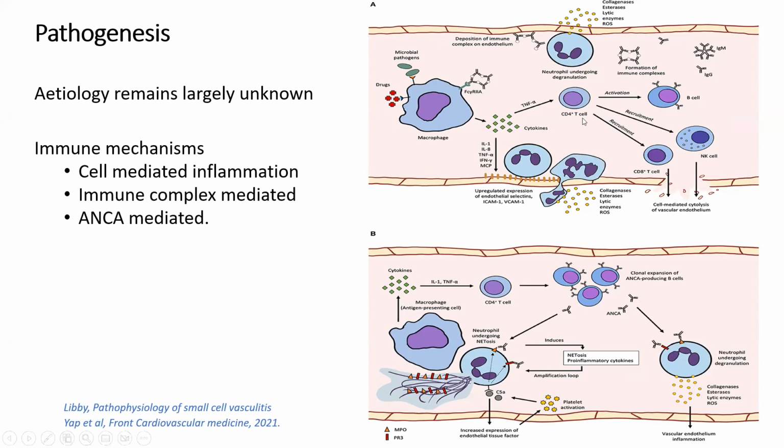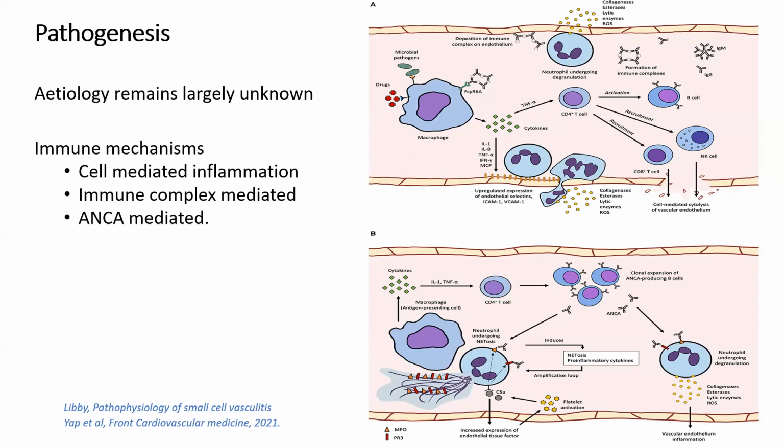So when there are foreign antigens in the blood vessel, for example, antigen proteins from drugs or infectious agents, these are recognized by the immune system. The antigen-presenting cells recognize them and present them to your naive T cells, and they activate your CD4 cells.